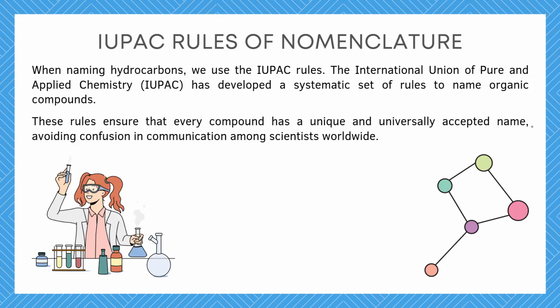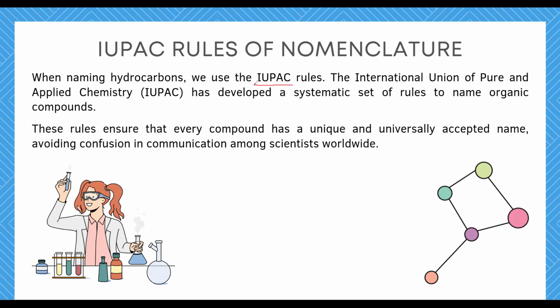Yes, sir. Beautiful. So when naming hydrocarbons, we use something that is called the IUPAC rules. What did I call that? The IUPAC rules. Good. The IUPAC rules are a set of rules and standards that were developed by the International Union of Pure and Applied Chemistry.